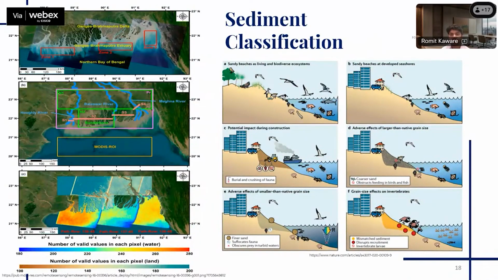The second aspect is sediment classification. Conventional methods require you to go to a particular location, pull out some grab samples, and then do extensive laboratory tests to find out the mechanical or chemical properties. Another approach is satellite based sediment classification or suspended sediment concentration mapping. Through various satellite systems like Sentinel or Landsat, we can extract satellite imagery or spectral data.